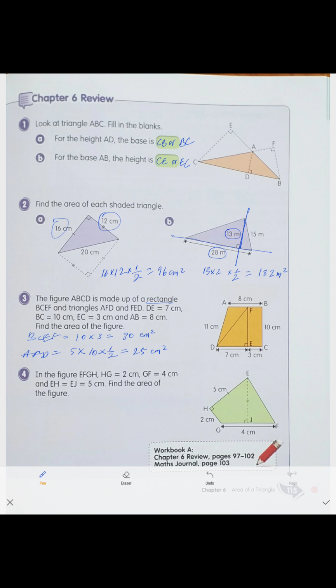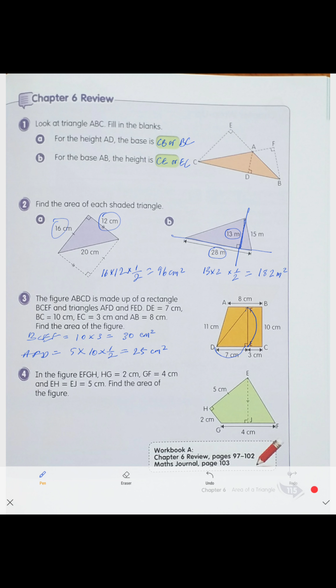Lastly, I'm gonna write this thing. We consider FED, triangle FED. What do we do here? We have our base and we have our height, right? Well, because it's a right triangle, it doesn't matter. They can switch, one will be height, one will be base.